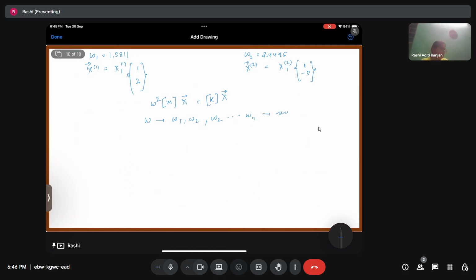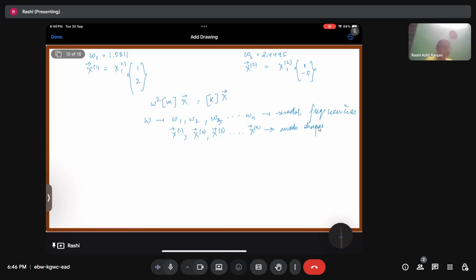These are the modal frequencies. Corresponding to them, we have mode shapes, which are these. These are what? Mode shapes. Okay, it's clear, right? We have to solve that equation.